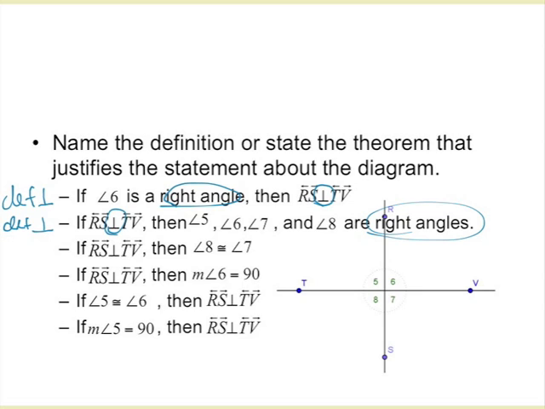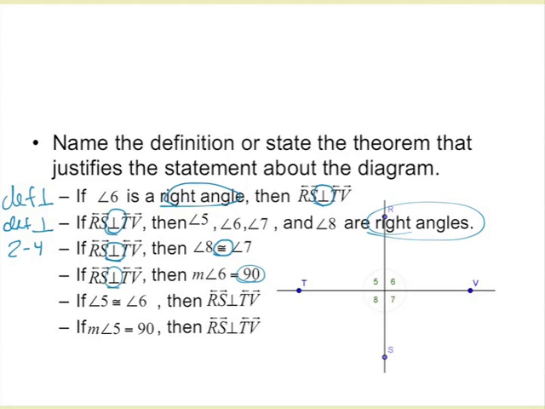The next one says, if perpendicular, then congruent. So what one says specifically in that order, perpendicular, congruent? 2.4 says it in that order. If perpendicular, then congruent. The next one says perpendicular and 90.